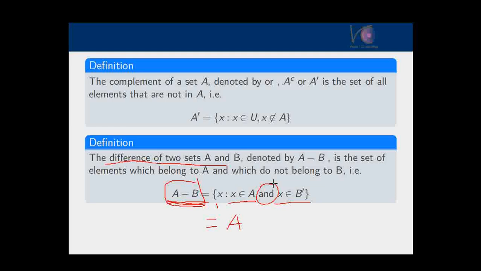So AND goes with intersection. We are saying x should belong to B complement, so it will be A intersection B complement.